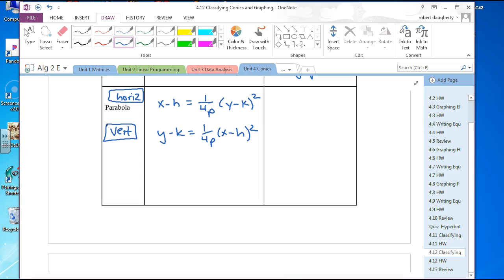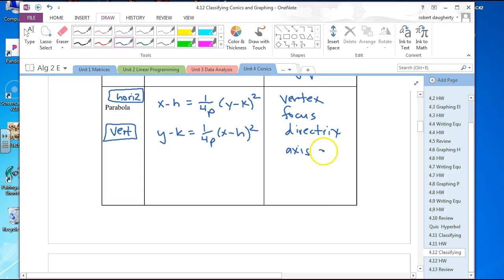Is there a center? There's not a center. There's how many vertices? Let's go with one. It's called a vertex. Okay. Focus or foci? Are there one or multiple? There's only one. There's a focus. What else is there? Directrix. Yep. Those are all the elements of a parabola.